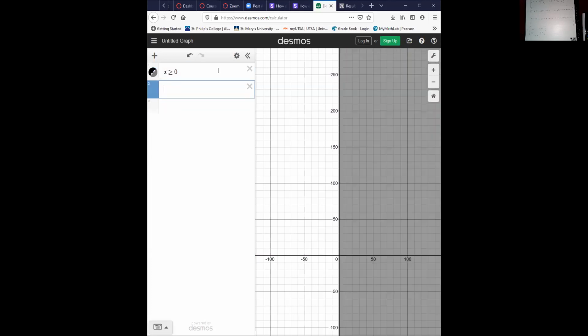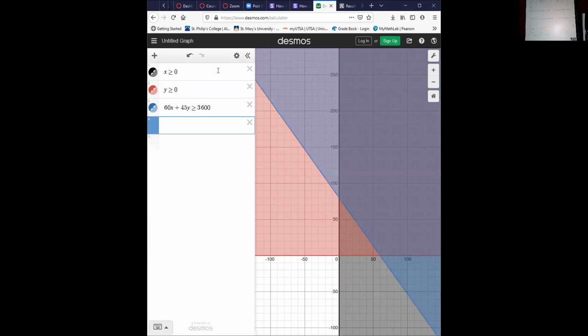That makes logical sense, right? Y must be greater than or equal to 0. Then they said that the large bus can carry 60, so 60x, and the small bus can carry 45, 45y, and we must be able to carry at least 3,600 students. So I better not go below 3,600 because that would be a problem. That is a constraint that we were given, right?